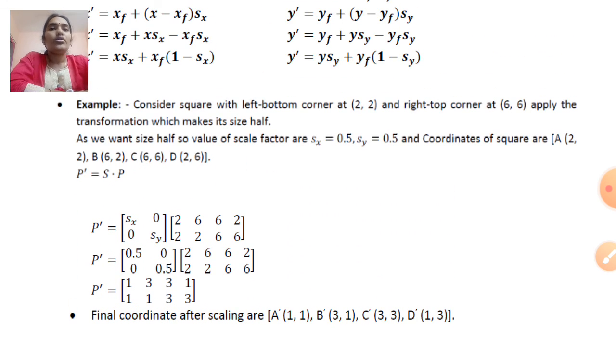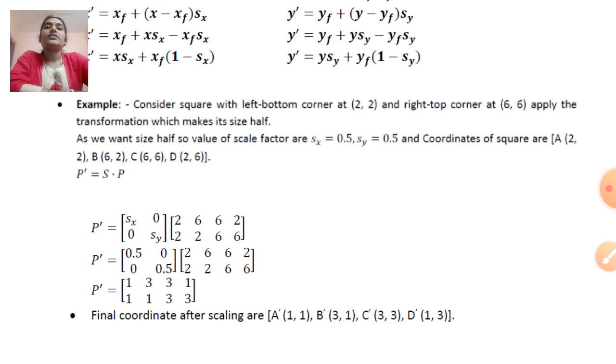So today we discussed what transformation is and some basic transformations. In basic transformation, we read translation, scaling and rotation. Translation is where the object moves from one coordinate location to another coordinate location.